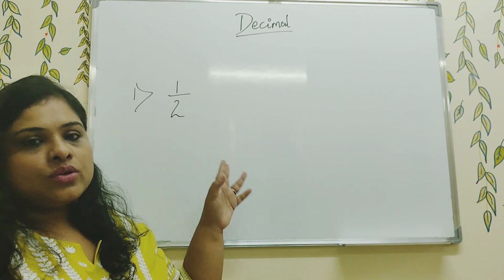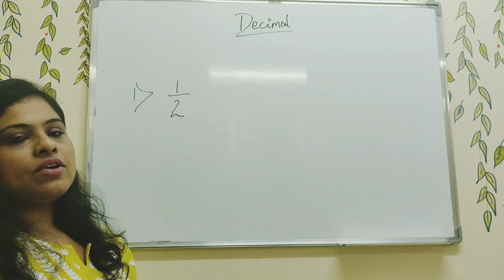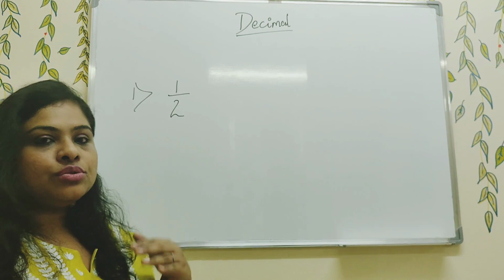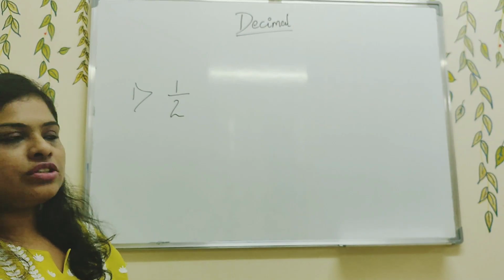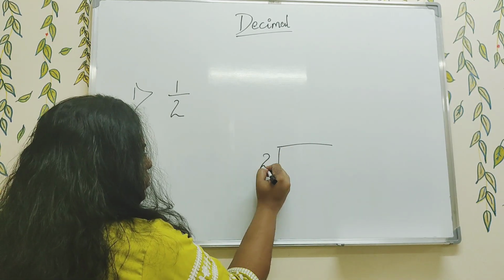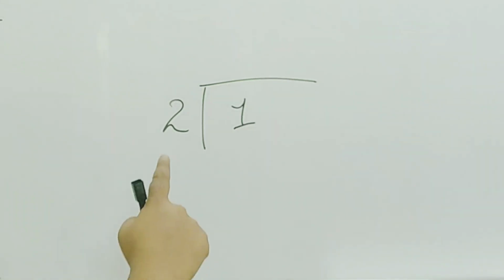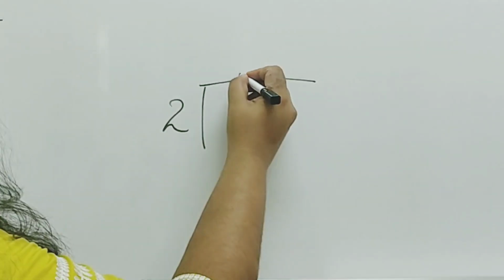Now, this is a fraction, 1 by 2. We don't have any zeros or hundreds or tens in the denominator. How do we convert this into a decimal? As we all know, a fraction is a division. Now 2 is the denominator, 2 here and 1. In such a scenario, 2 is bigger than 1. So what do you have to do? You have to put a point here.